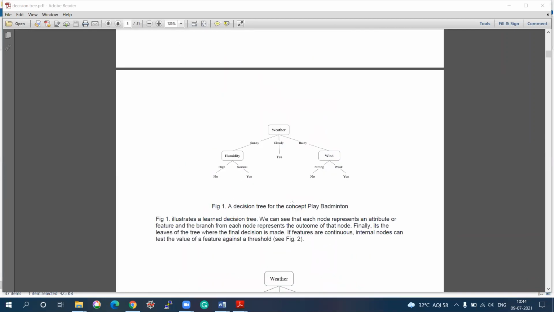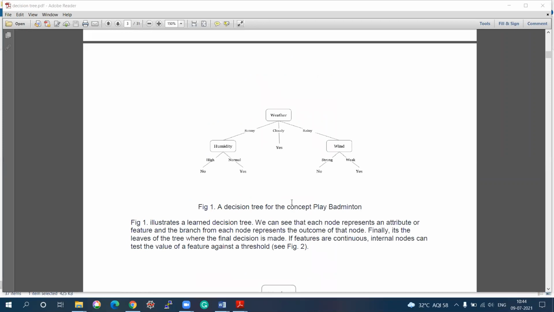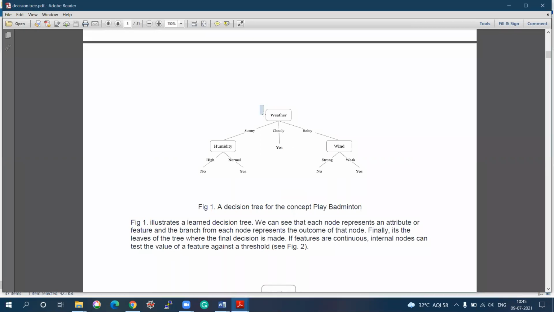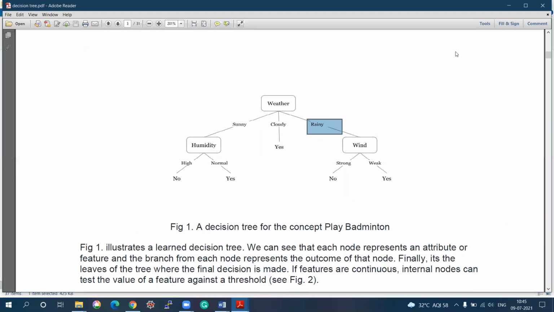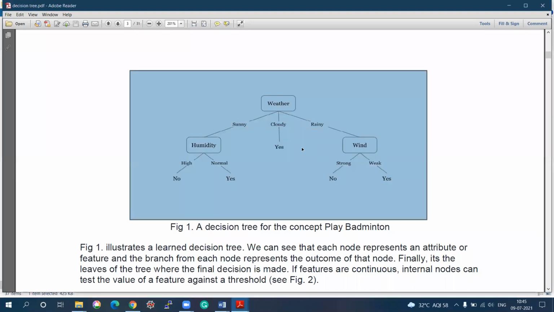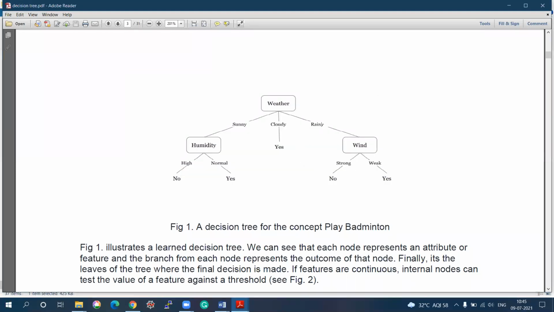That was our given problem, and this splitting is called our decision tree, because we have to decide which attribute we should pick each time for further splitting. Like here we have taken weather. There are three weather values: one is sunny, another is cloudy, another is rainy. Based on only these three values we could not decide whether the play will occur or not.